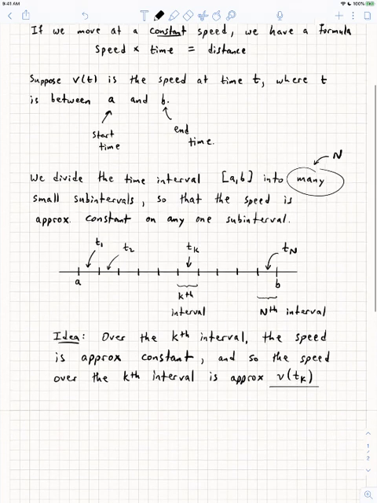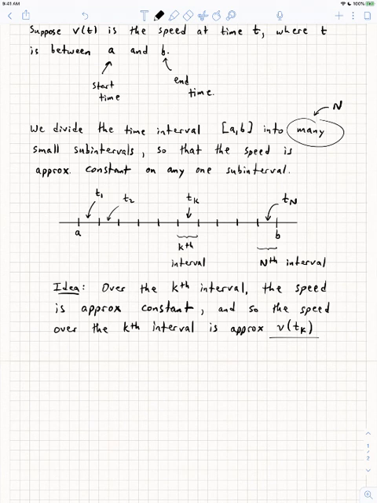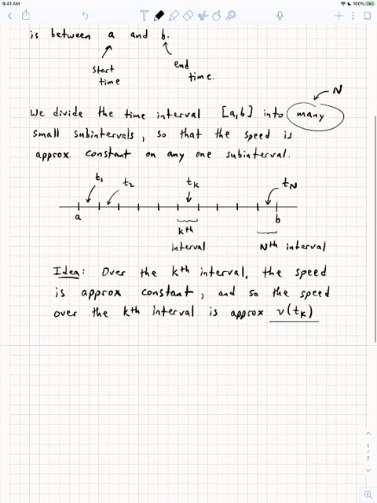So that means we have a speed which is approximately constant over a certain length of time. Now, how long is each time interval? Well, we want all of these time intervals to be the same duration, so we call it delta t.